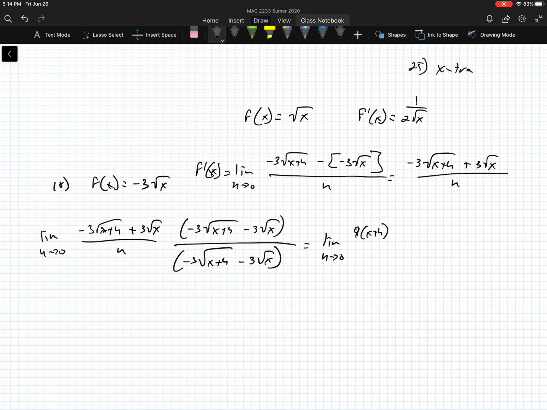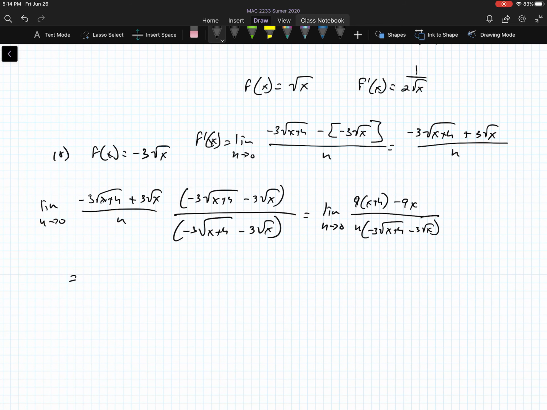So we're going to end up with negative 9x over here, and then this is going to be h times negative 3 square root of x plus h minus 3 square root of x. Now remember, 3 square root of x times negative 3 square root of x is just going to be 9x, because the radical will cancel out. The reason we multiply by the conjugate is because the middle terms end up canceling each other out.